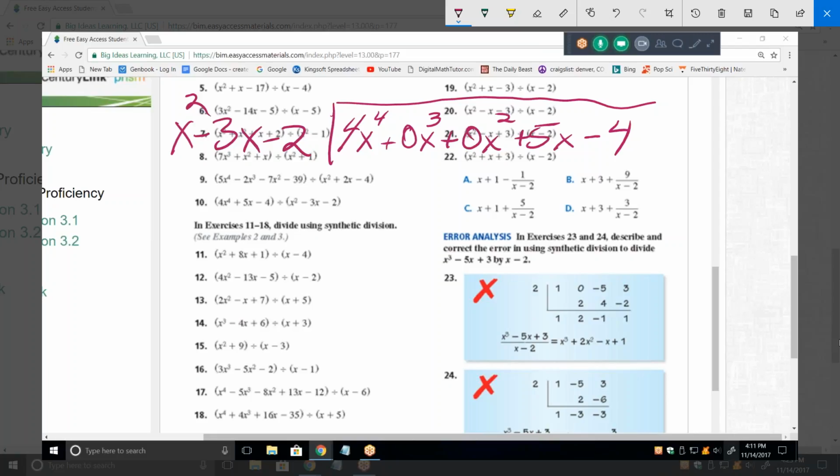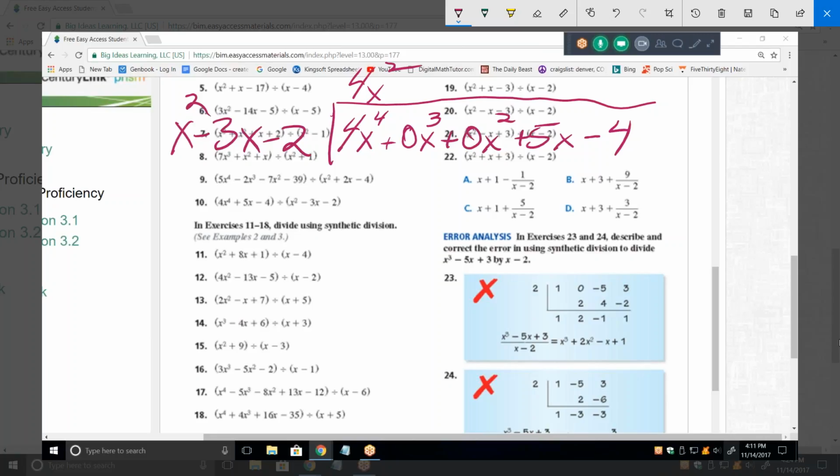What goes first in my quotient? The first one is 4x squared, I think. Yep. All right.